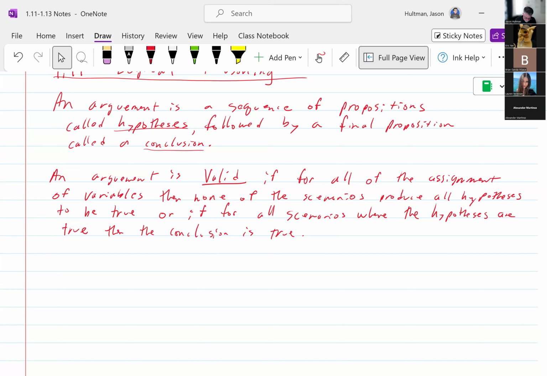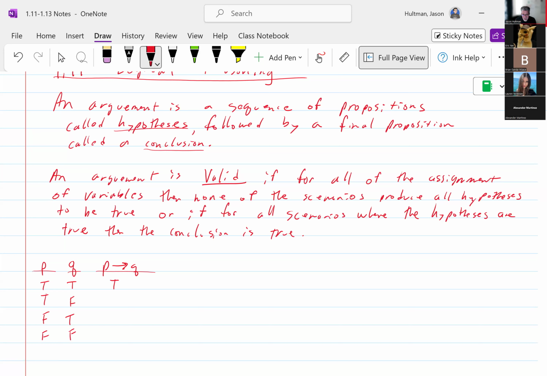If we go back to conditional statement, if we have P goes to Q, and we have P and Q, if we have a truth table, T, T, F, F, and then T, F, T, F, okay, we said that if it's true, then it goes to true, then this is true.